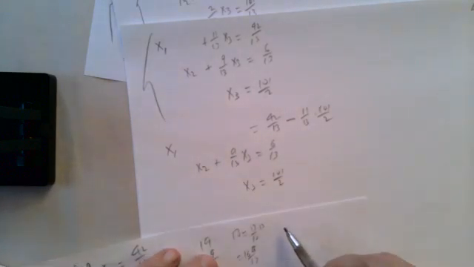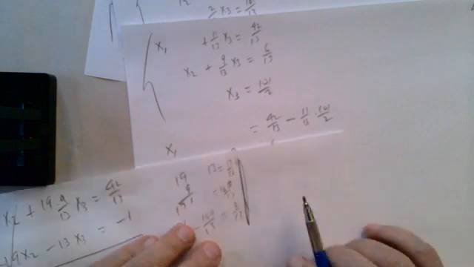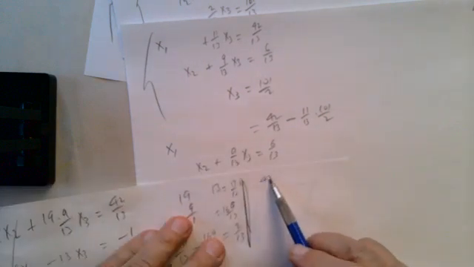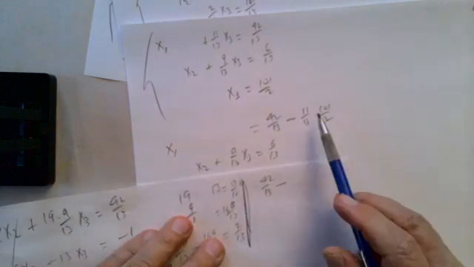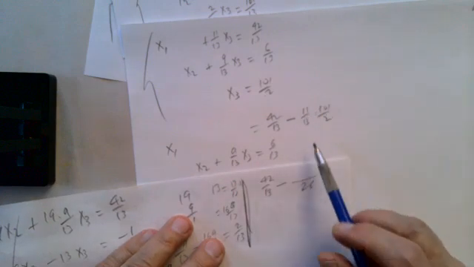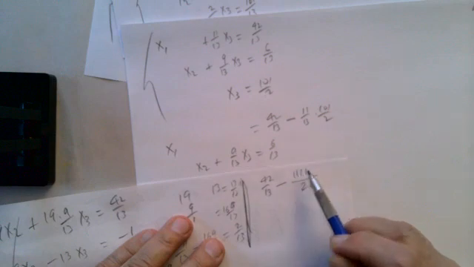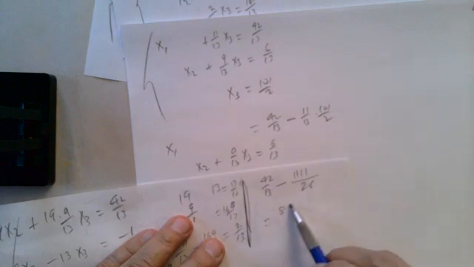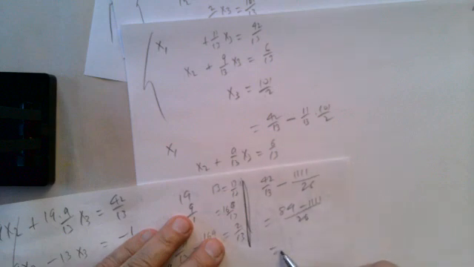What is that? That's 42 over 13 minus, this is over 26. 101 times 11 is 1111. So this is 84 minus 1111 over 26.